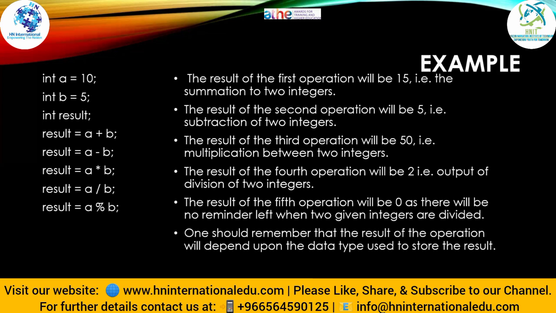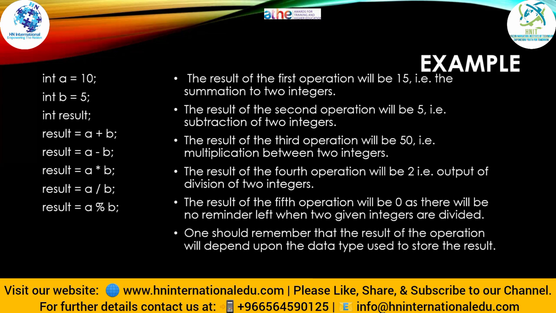Then we will perform different operations on this integer variable called result. We are going to perform addition, subtraction, multiplication, division, and modulus on it, and let's see what the results of these operations will be. We have the values 10 and 5 for A and B, so the result of the first operation will be 15.